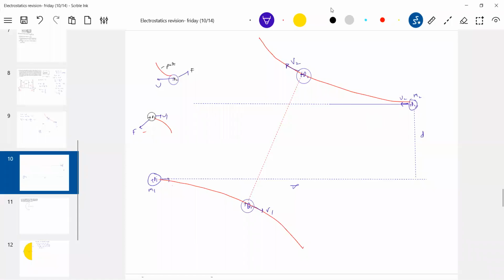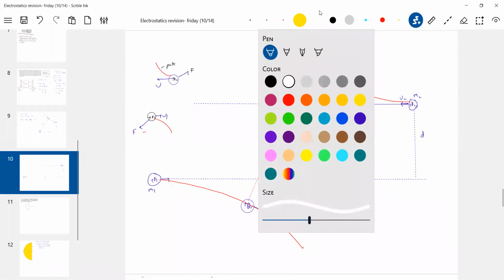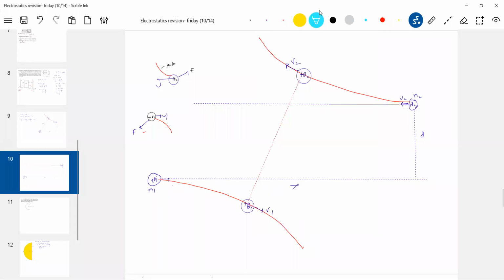So where will the center of mass be? Let me make M1 heavier than M2. So the center of mass should lie here, for understanding purposes.